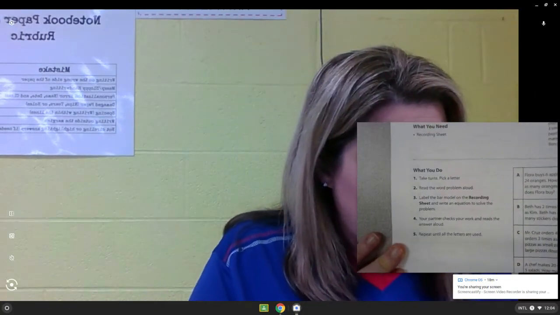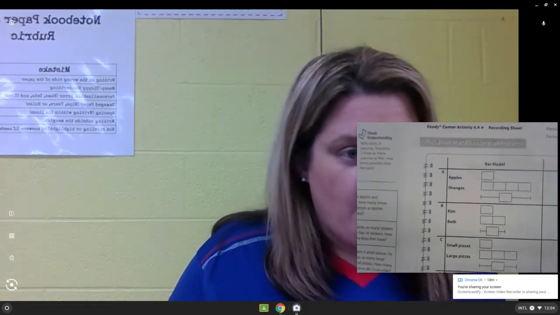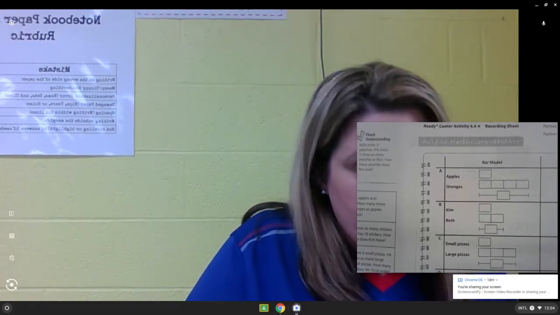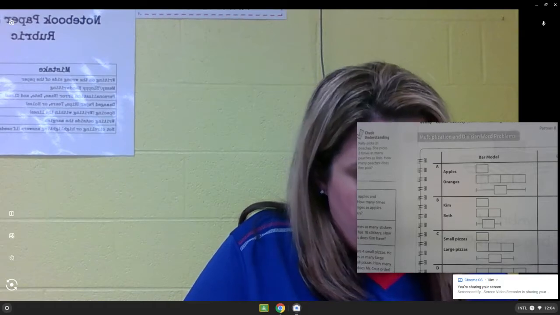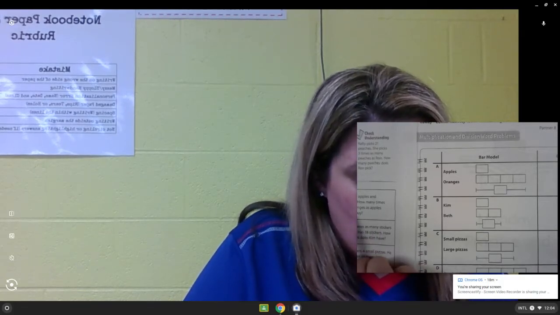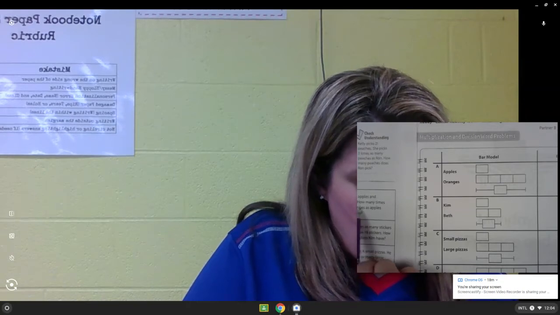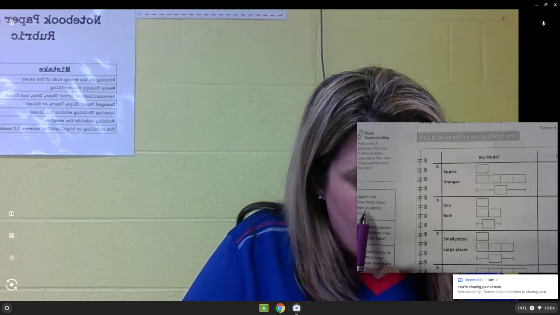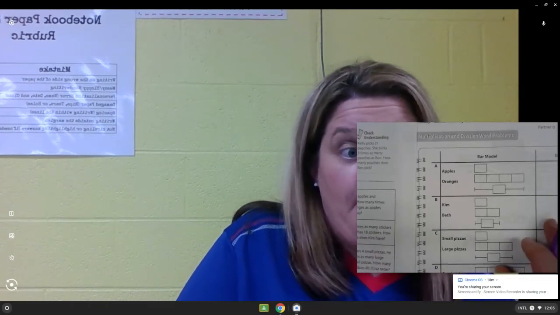Okay, so on your sheet, you have something that should look like this. Now, it says Flora buys 6 apples and 24 oranges. How many times as many oranges as apples did Flora buy?